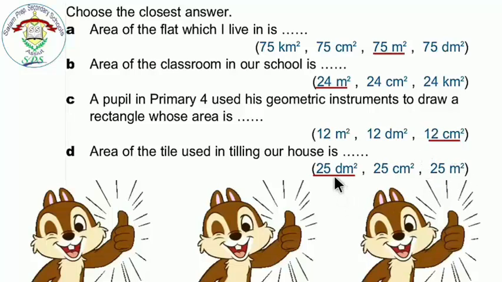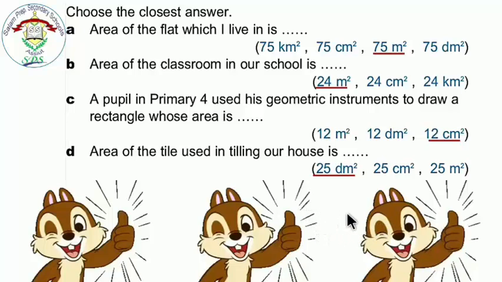Now compare between square decimeter and square centimeter. 25 square decimeter, its side length equals 5 decimeter. 25 square centimeter, its side length equals 5 centimeter. To compare between decimeter and centimeter, you should use the same unit.